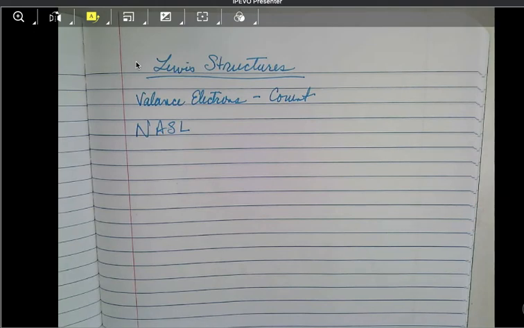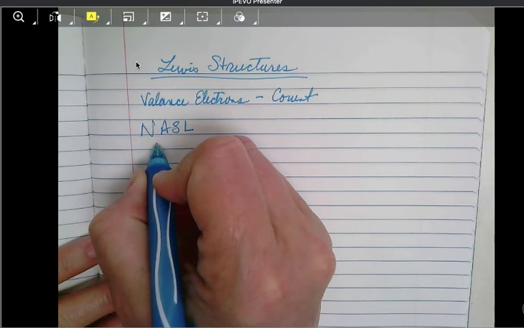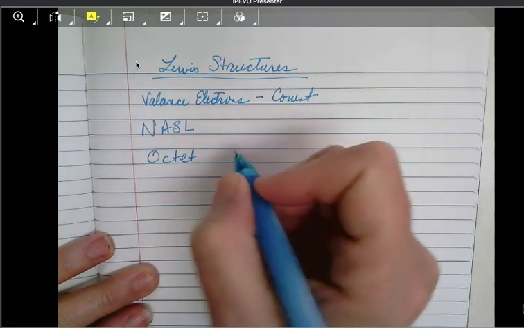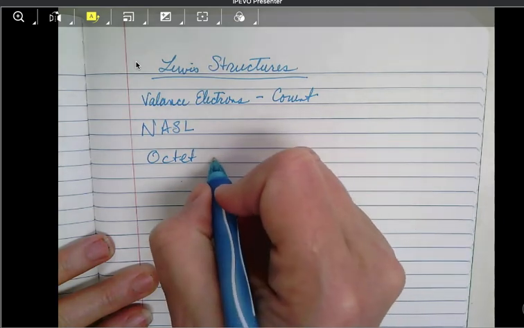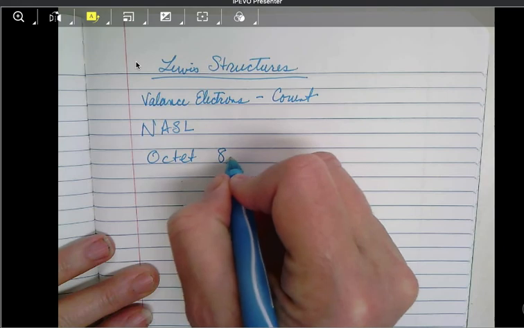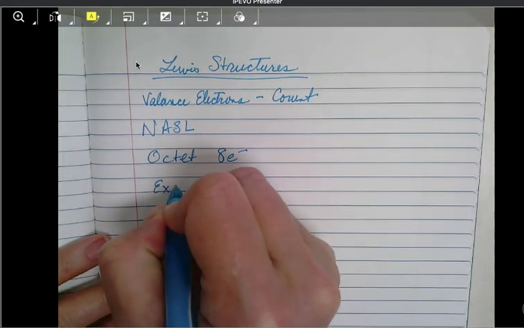So the second thing we need to know is that there are some exceptions to the octet rule. First off, the octet rule states that atoms want to either share or have for themselves 8 electrons. But there are some exceptions.